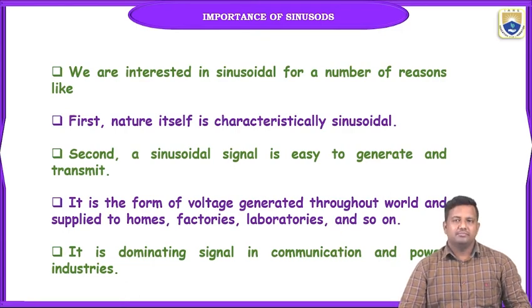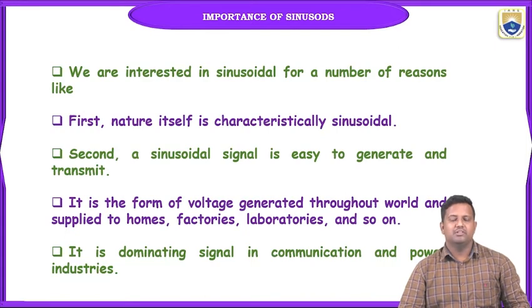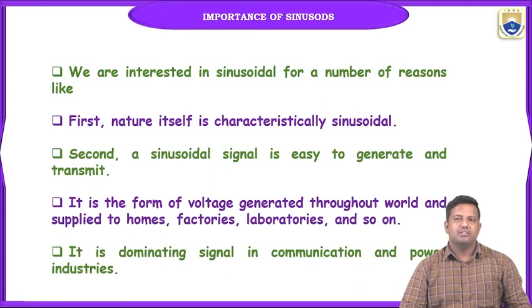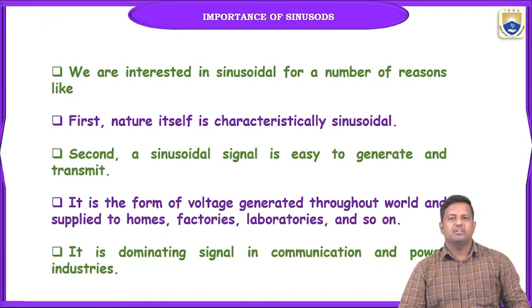The third thing is that it is a form of voltage generated throughout the world and supplied to homes, factories, laboratories, and so on. These sinusoidal signals are generated across the entire world and comfortably transmitted to different load points like homes, factories, laboratories, industries, hospitals, educational institutions.